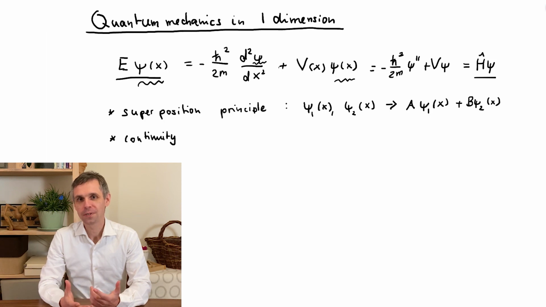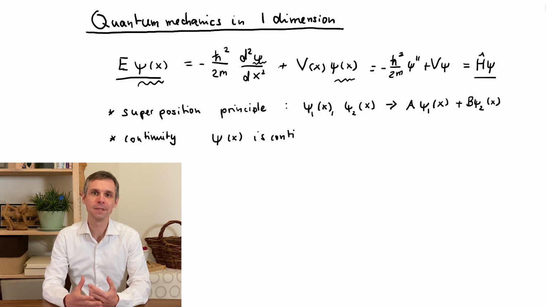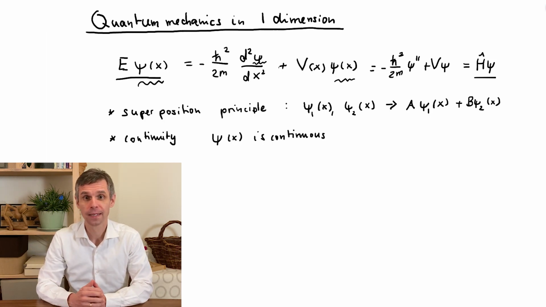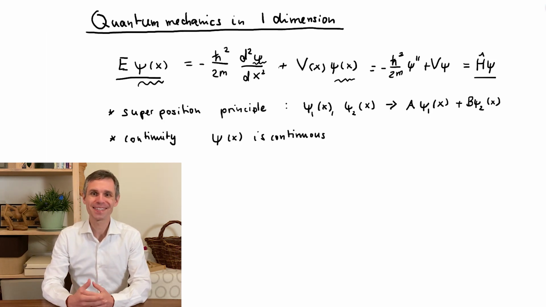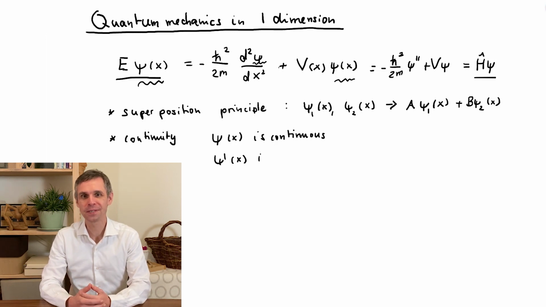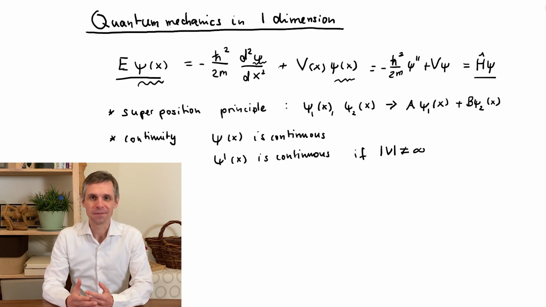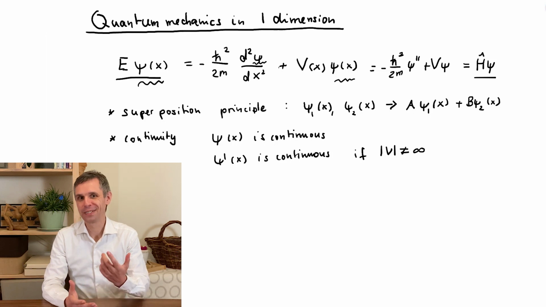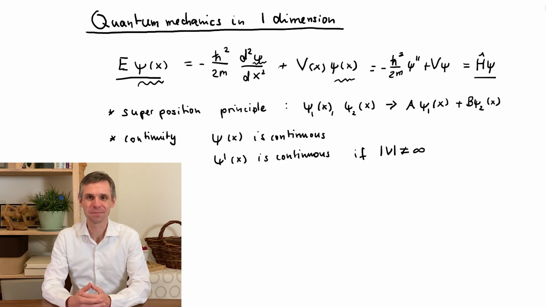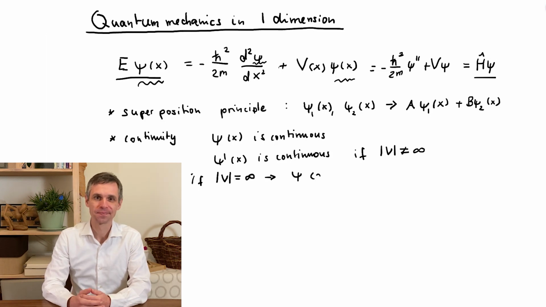So for all the potentials that we are ever going to encounter, the wave function psi of x itself will be a continuous function. Secondly, in almost all cases, its derivative will also be continuous, with the only exception that there might be some points where the potential is infinite. If there are certain places, and we are actually going to see this in our very first example, where V is infinite at some positions or even some regions, then the wave function can actually have a kink.